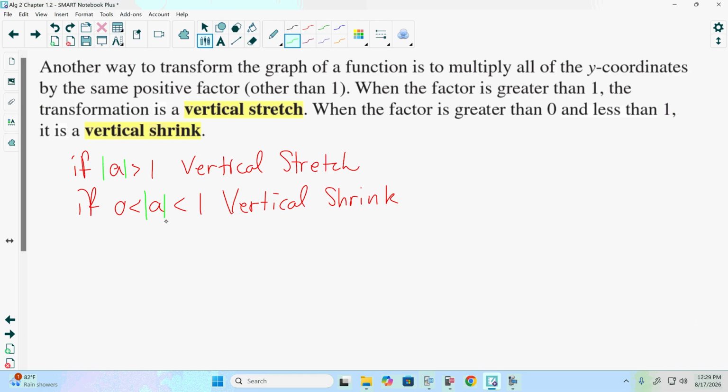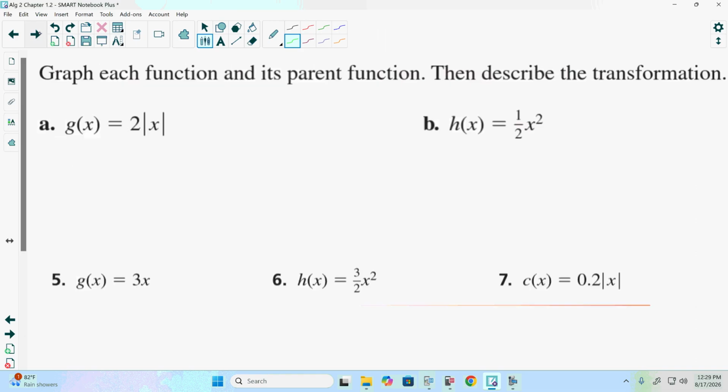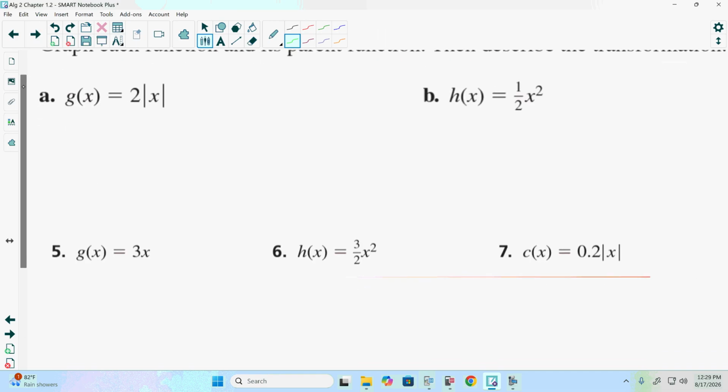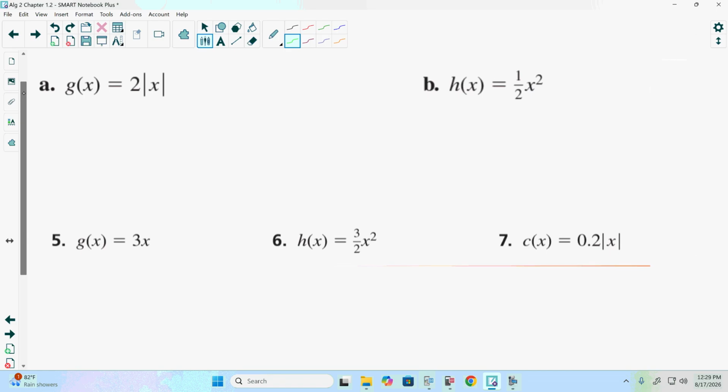Questions on this here? A, g of x equals 2 times the absolute value of x. What is the parent function? Absolute value.